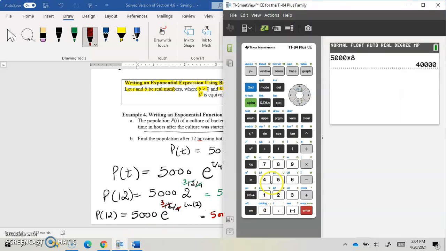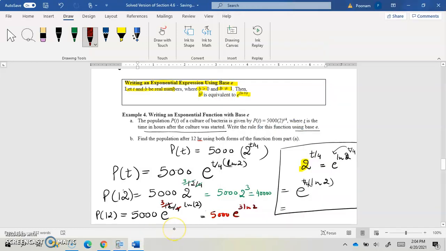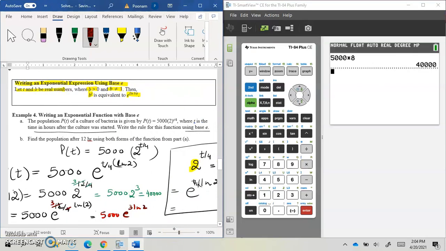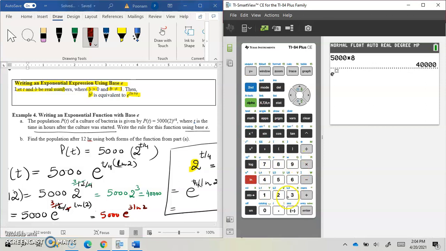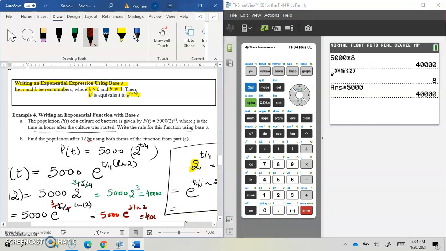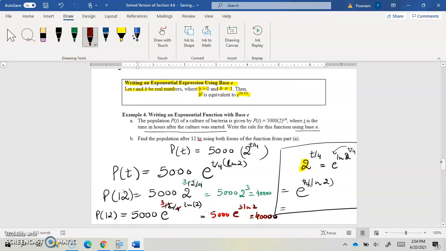Let's use calculator for that. e raised to power 3 times log of 2, whatever the answer comes, times 5,000. It's the same answer. We wanted the same answer, right? We said these both functions are basically the same thing written in two different forms.